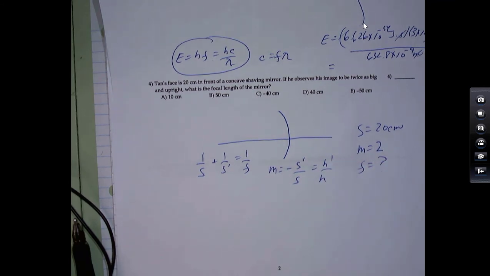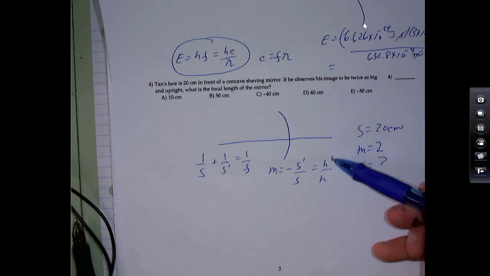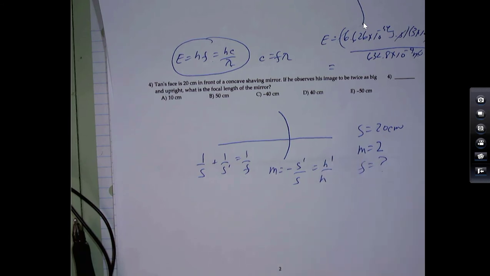So remember, s prime is the image distance. s is the object distance. h prime here is the actual height of the image. h is the height of the object. Okay? So you can notice here, if m is going to be positive, s prime must be negative. Okay? And that means it's a virtual image.